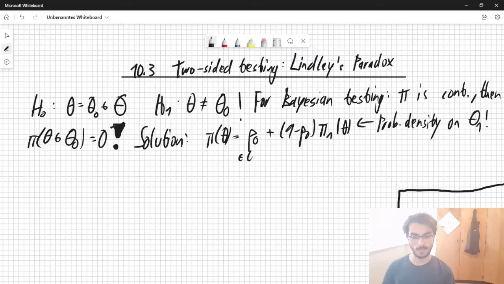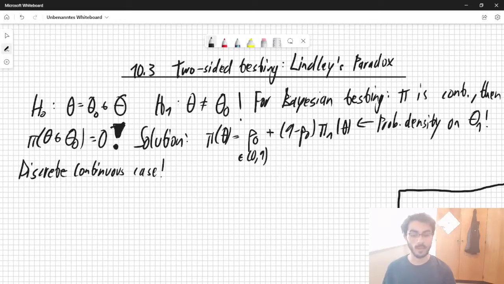And this rho 0 is just some constant in 0, 1. So this is a discrete-continuous mixed case where we say, okay, there's some probability for H0 to happen, and if it doesn't happen, then we have a continuous measure on theta 1. This is a bit weird.